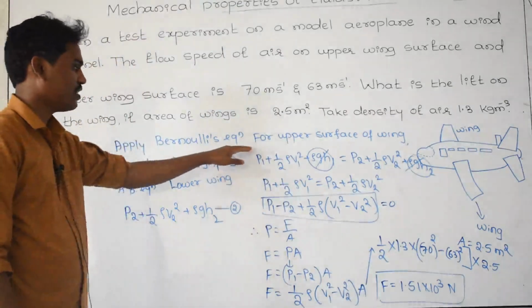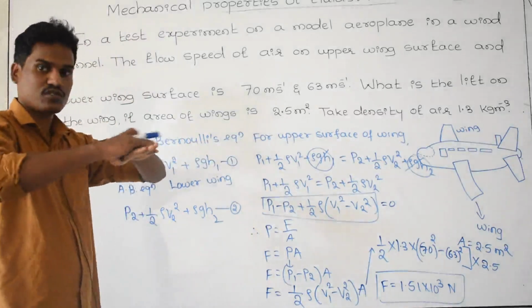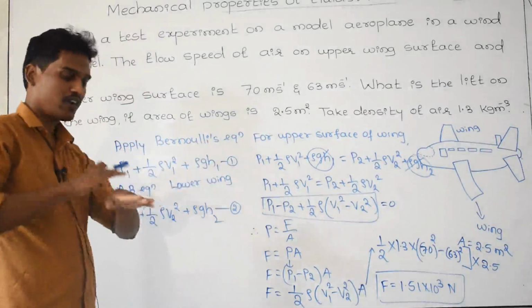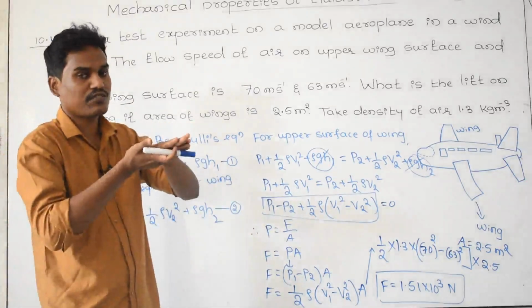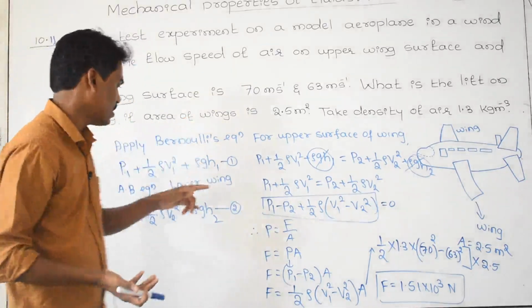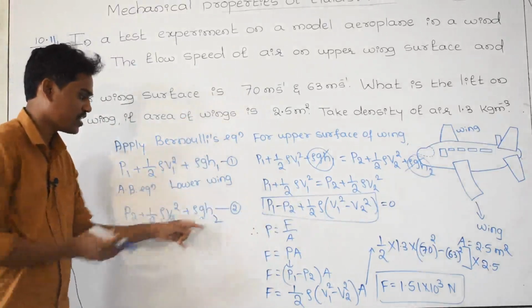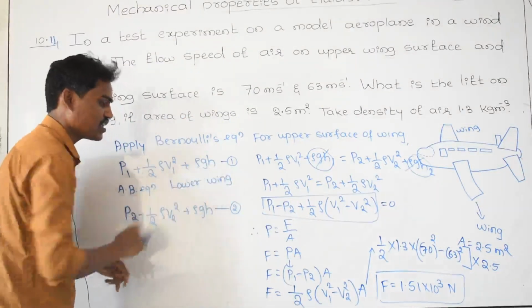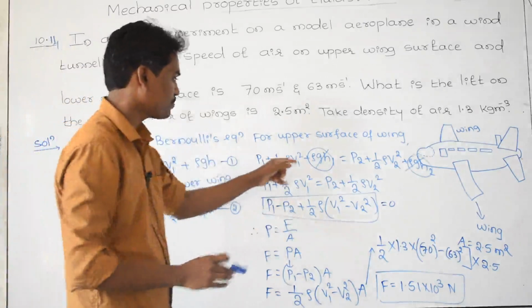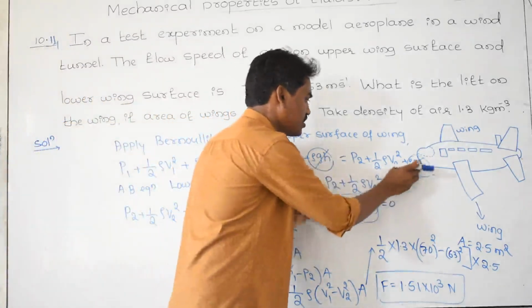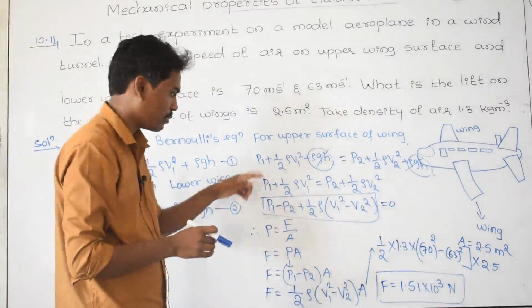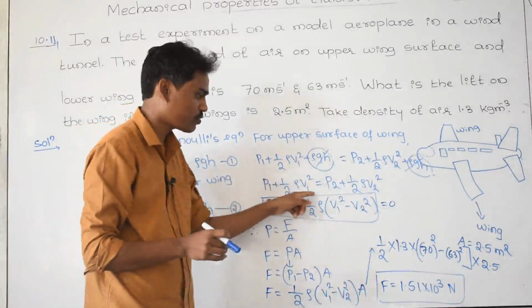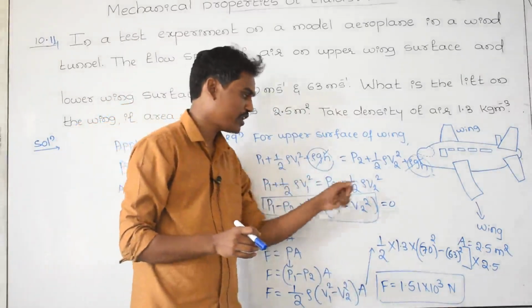First, apply the Bernoulli equation for the upper surface, that is this one, and for the lower surface, that is this one. The upper surface and lower surface from the ground are almost the same, therefore take it as H, this as H, and equate these two. Both H terms are the same and get cancelled, remaining P1 plus 1 by 2 rho V1 square equals P2 plus 1 by 2 rho V2 square.